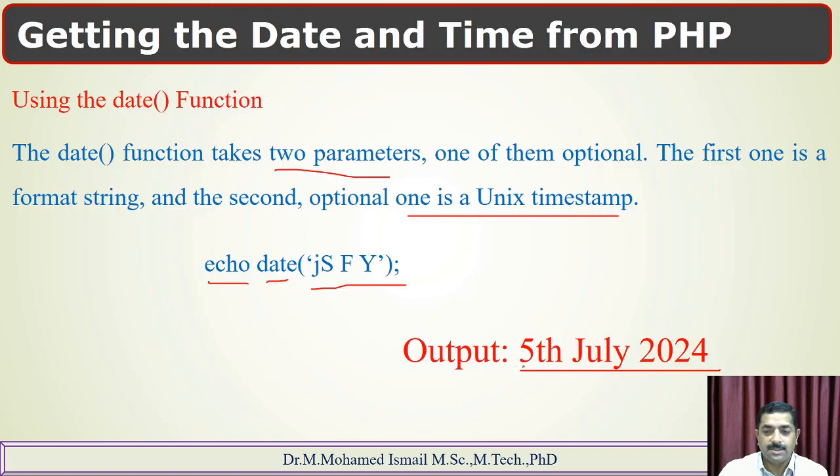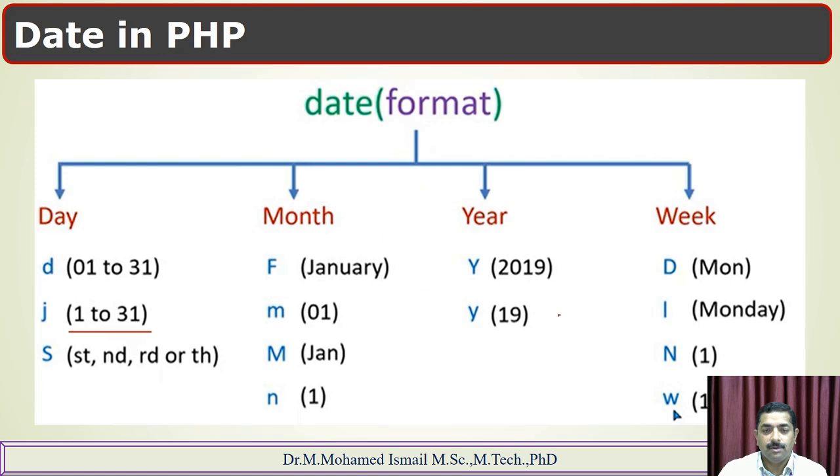So 5 is a single digit, and capital S is for the suffix like th. If it is 3 it becomes third, 2 becomes second, like that the suffix will come. F is the full month, July, and Y is the full year, 2024. So these are all the basic available formats.